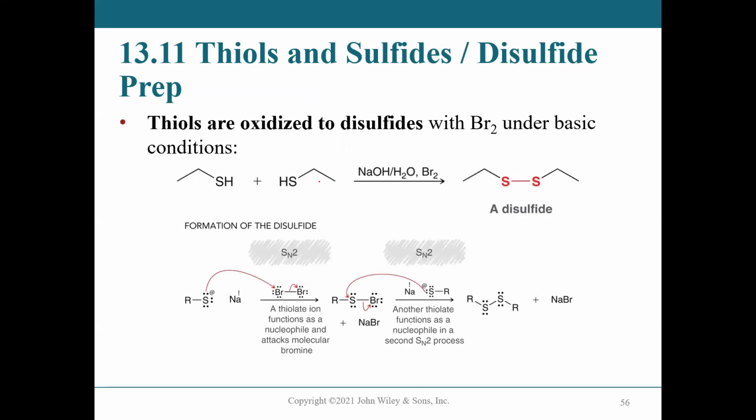It says thiols are oxidized to disulfides with bromine under basic conditions. So we have this disulfide group, and they show you the formation of the disulfide below. The sulfur attacks the bromine by SN2. Then there's another SN2 reaction with another SR group, and bromine is a good leaving group.